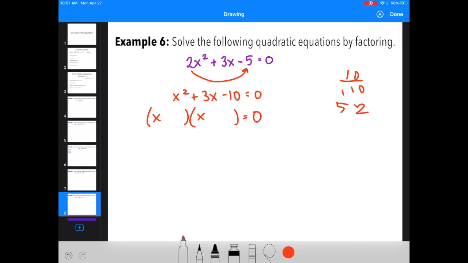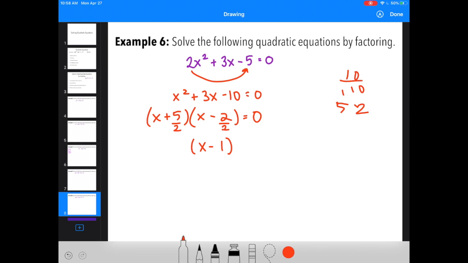So I got to figure out what multiplies together to equal 10, but adds together to equal 3. Well, that's going to be 5 minus 2. So plus 5 minus 2. But remember, because we slip and slide, I have to divide both of those by 2. All right, before I go on, I got to figure out what do I do about those fractions within my parentheses.